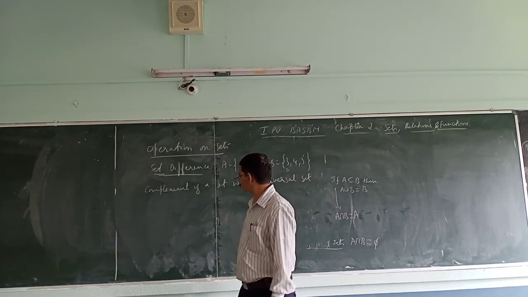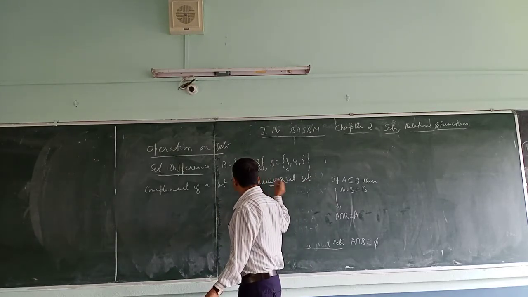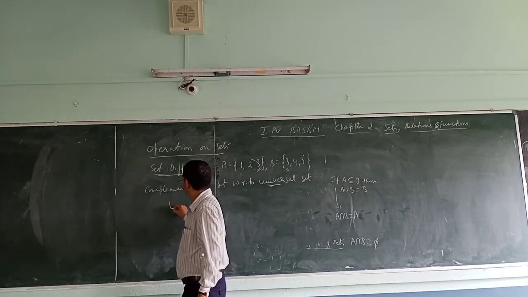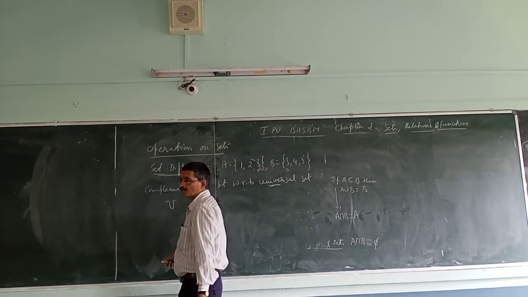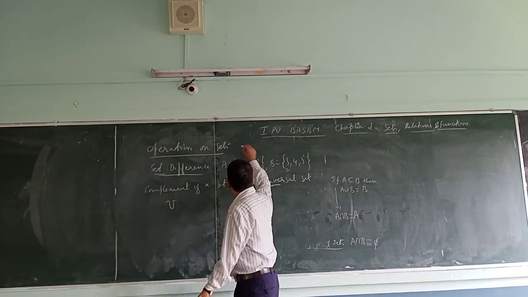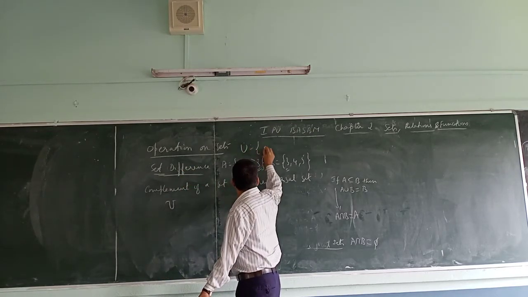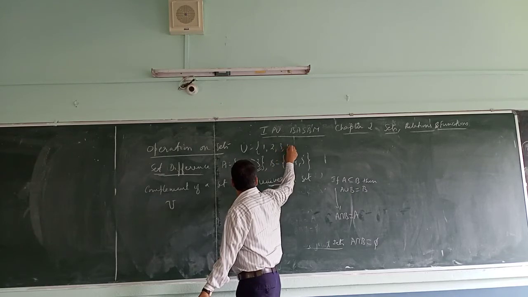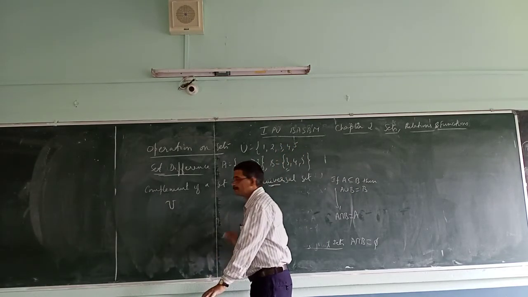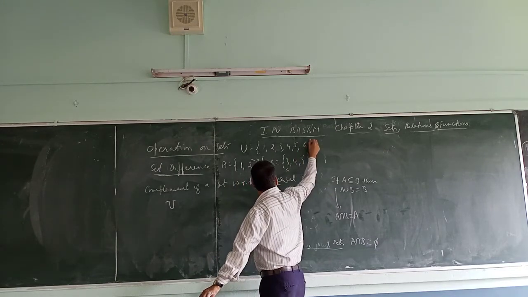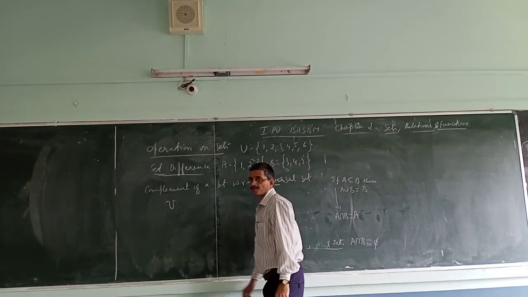What is it? Universal set we generally denote by U. Again, I will explain with an example. Let us consider this example. Say U equal to 1, 2, 3, 4, 5, 6.